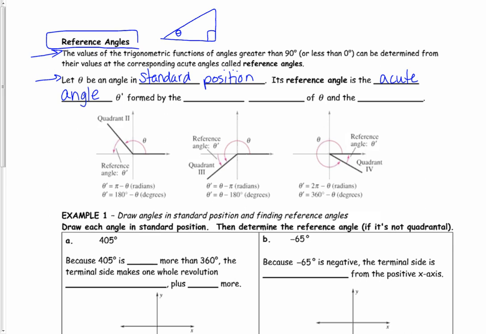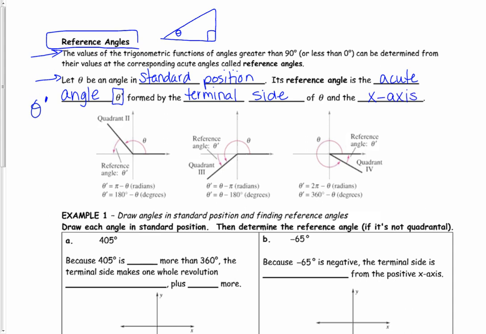And now we can't call this angle theta necessarily, but it relates to theta, so we call it theta prime, which is a theta symbol with a little mark next to it, like an apostrophe, to indicate it's a relative of theta, but not theta itself. And it is formed by the terminal side and the x-axis.